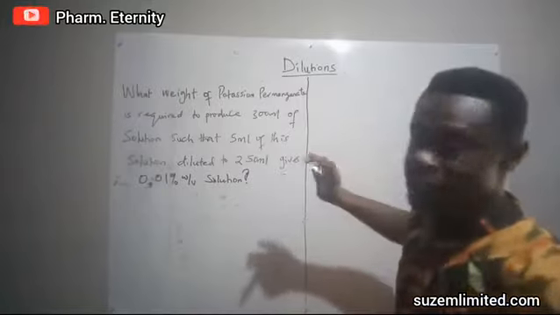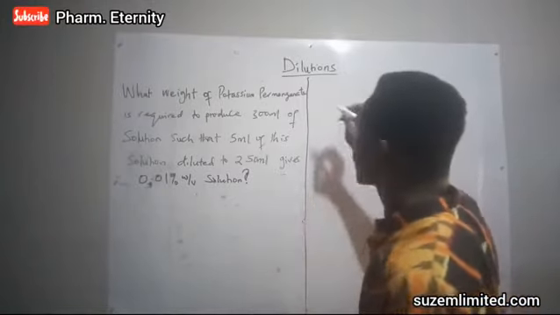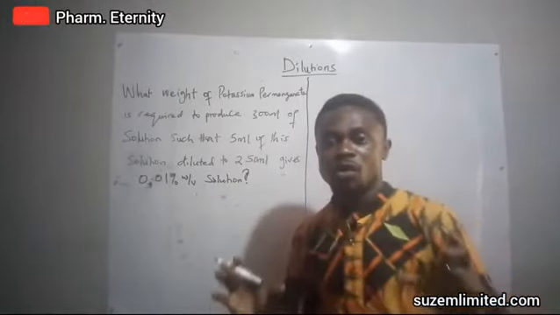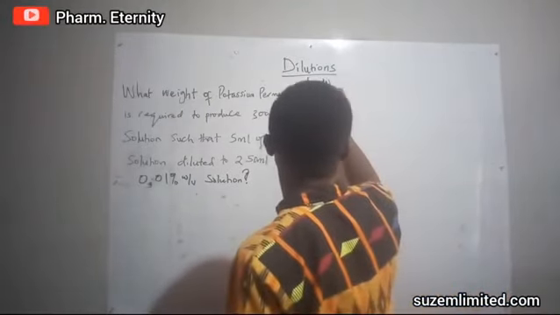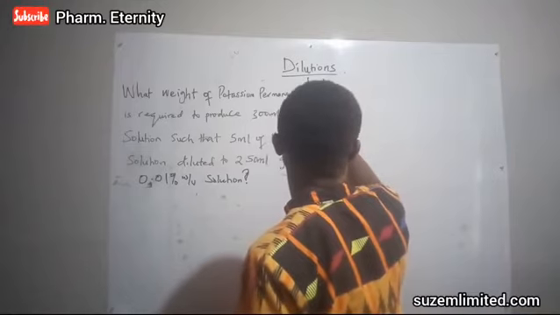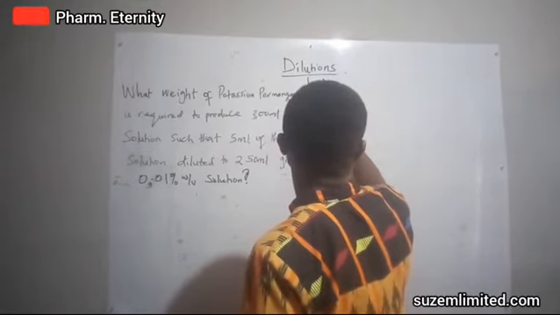If that is the case, it implies that the concentration of the solution that is produced will now become W in gram over 300 ml.